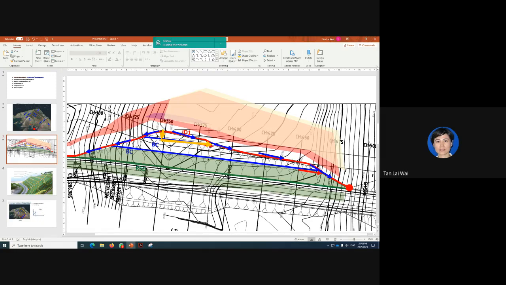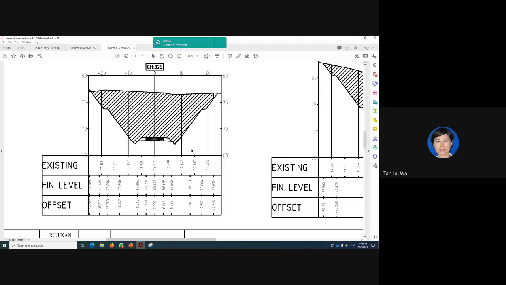At chainage 325, if you look from the plan view, I have one bench drain, one roadside drain, another roadside drain, another bench drain, another interceptor drain. Here there's another interceptor drain too. Let's look at chainage 325. This is the part where the interceptor drain is.